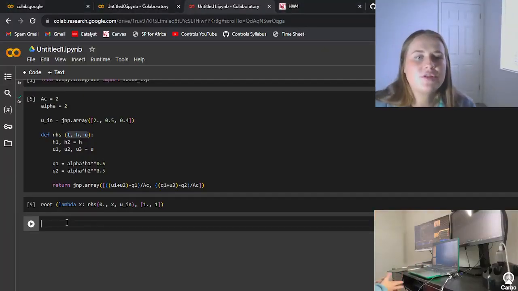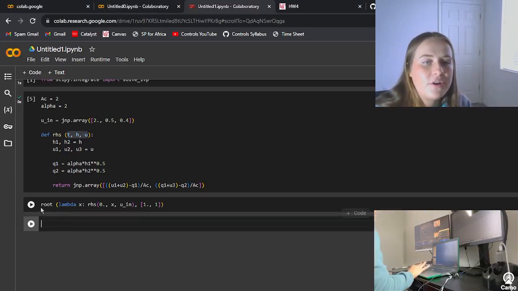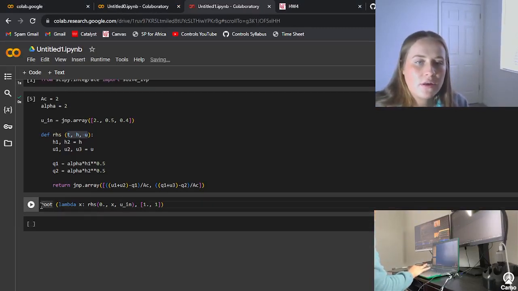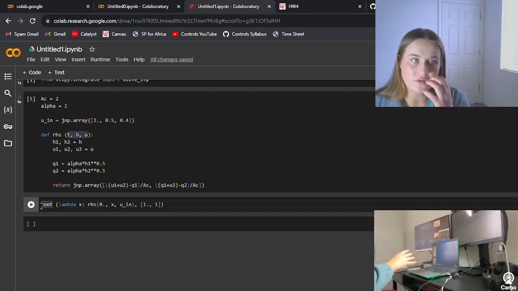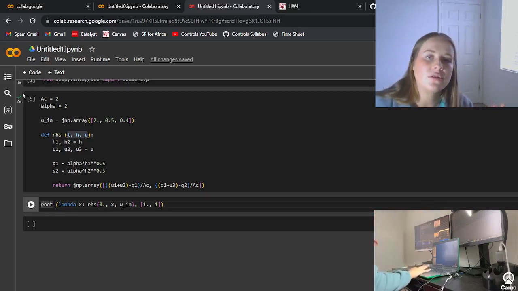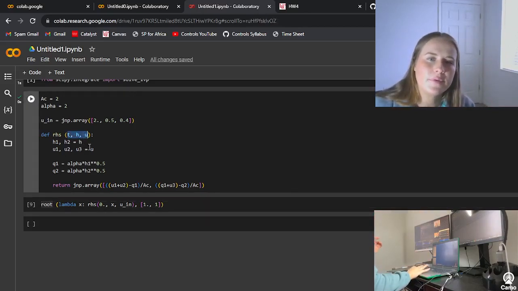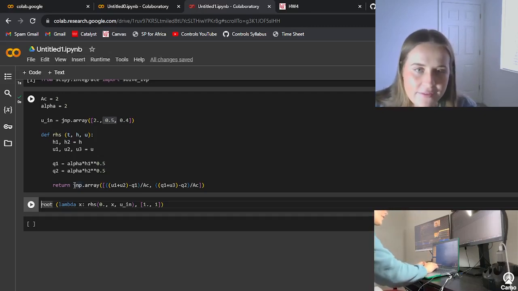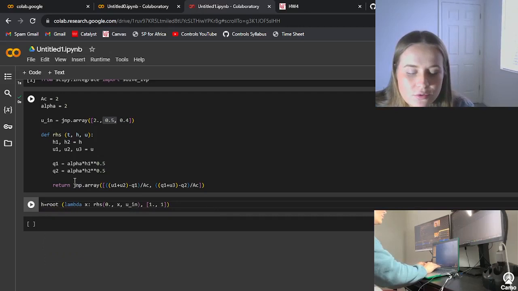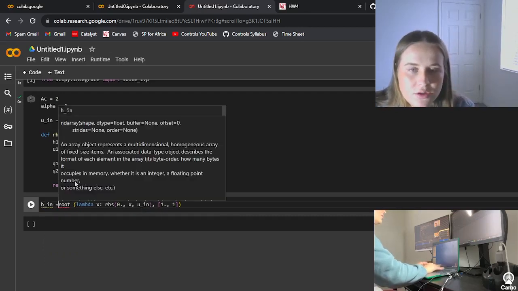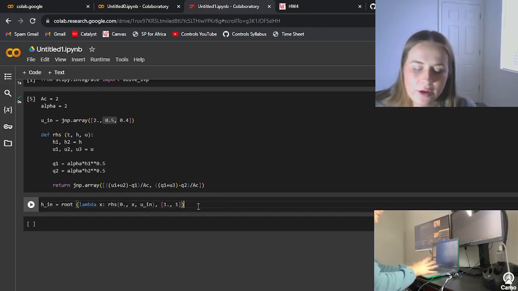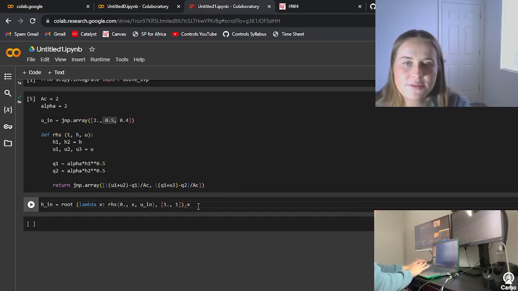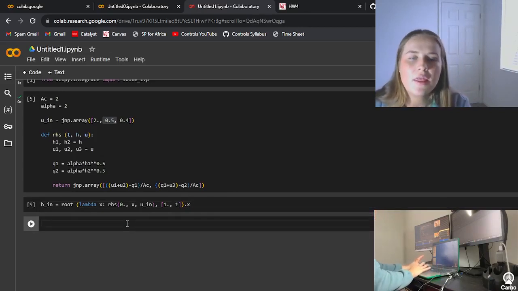Okay, then we go over here to our code, and first we want to set this root. This is our H initial, so we've already defined our U initial up here in this array. So we also need to define what H initial is in order to work out this Jacobian. So we will set this equal to initial and make sure we call out that we are specifically looking for the x in that function.